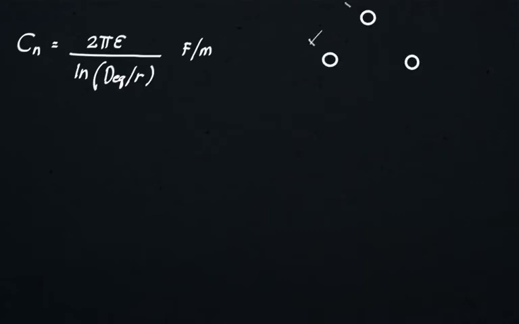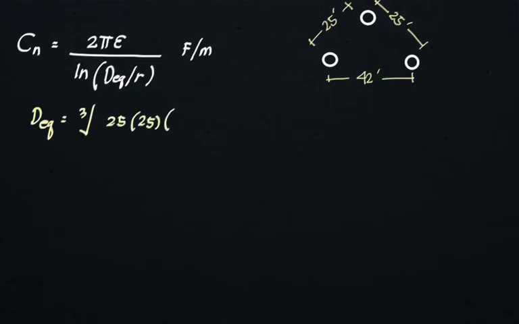So our configuration is something like this. It's unequal phase spacing, so our equivalent D, or the GMD, is the cube root of 25, 25, 42.